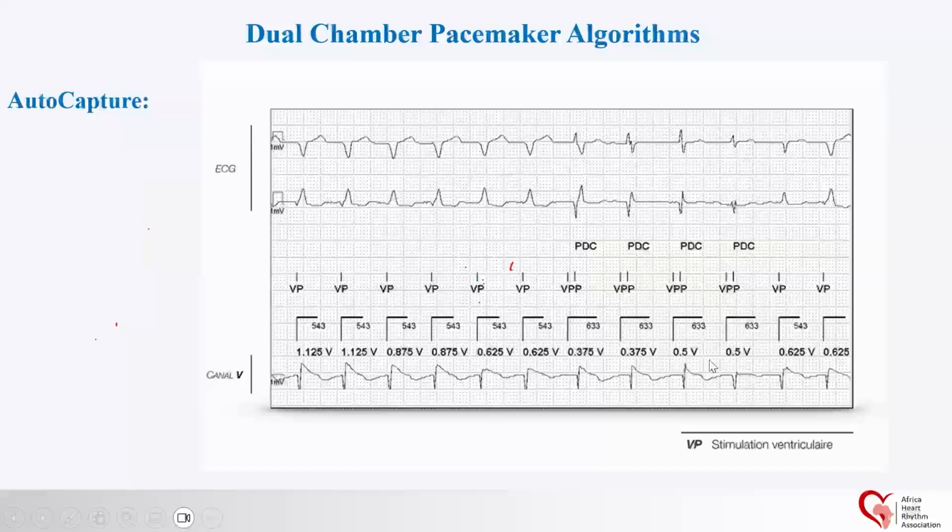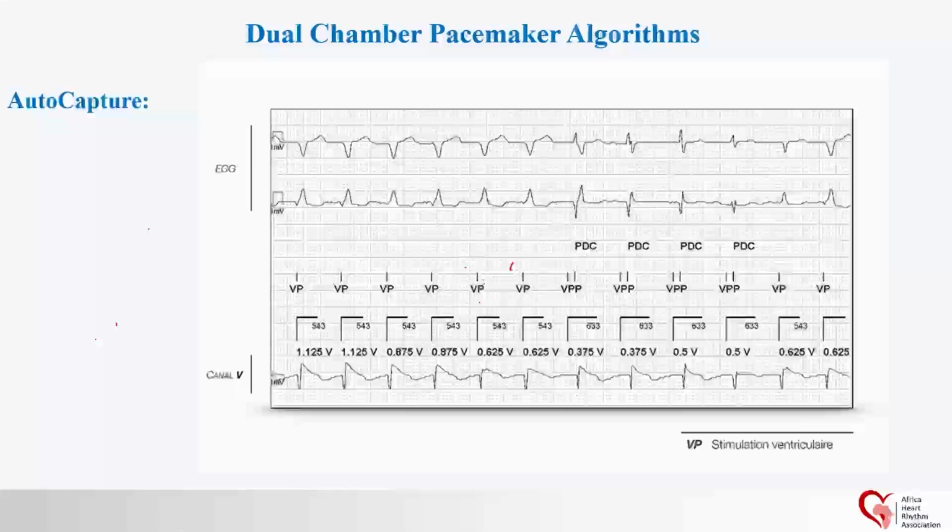Là, il donne un backup de 5 volts. Il commence à augmenter jusqu'à 0,6. Là, il y a une capture. Donc, ça, c'est le seuil de stimulation. C'est un algorithme qui permet de contrôler automatiquement, battement par battement, le seuil de stimulation au niveau du ventricule.